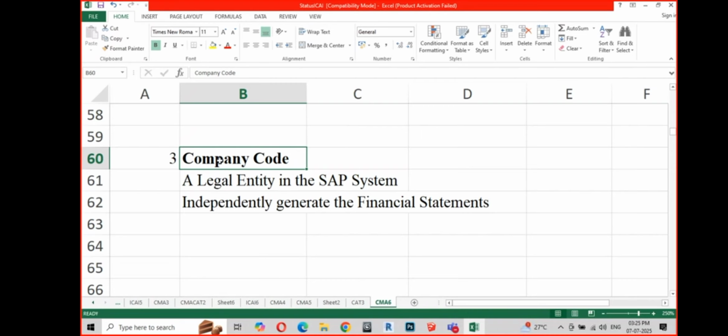It should be in a position to generate its balance sheet, its P&L, its trial balance, and whatever other financial information it has to submit to the governmental agencies. Understood? Shall I pause here for a minute so that you can confirm whether you have understood this or not?